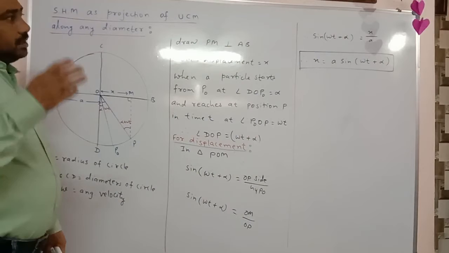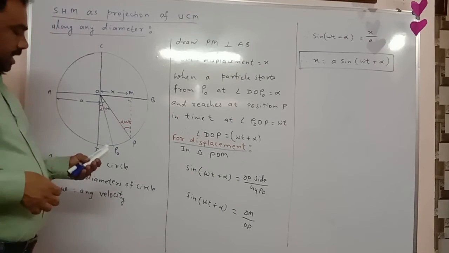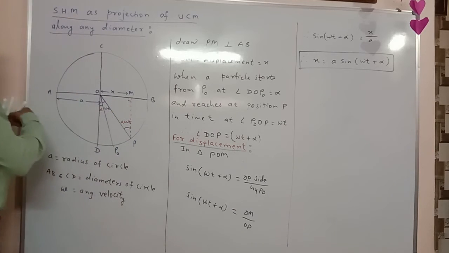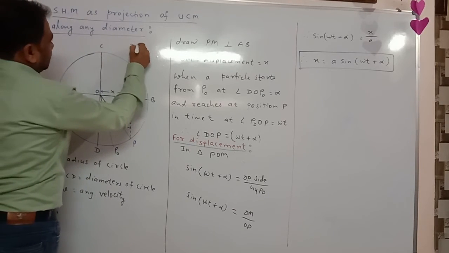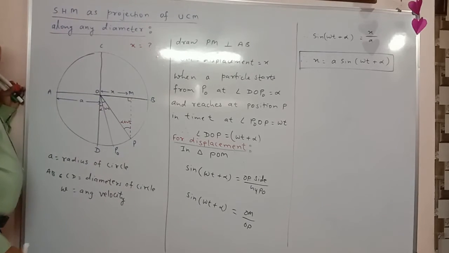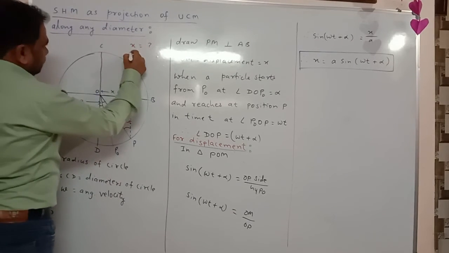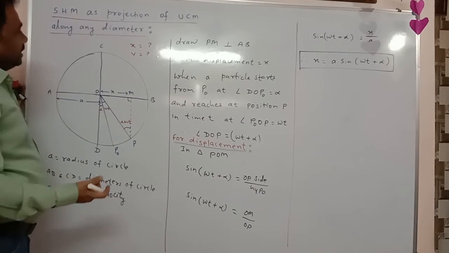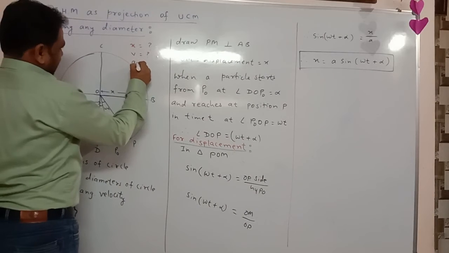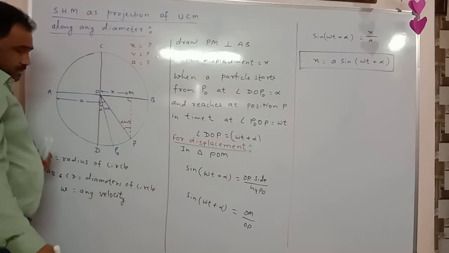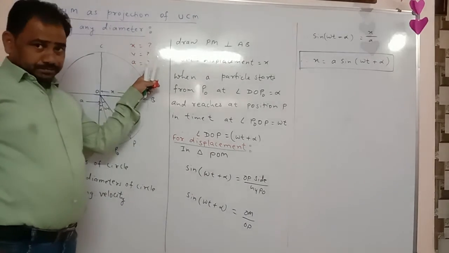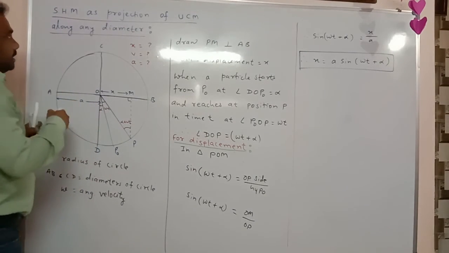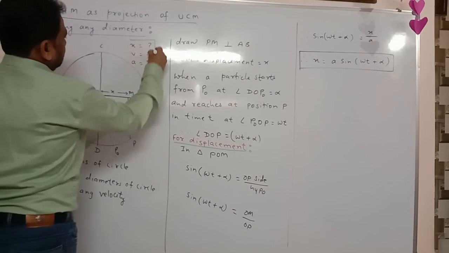Three important parameters are here: we have to find the value of x for displacement, then the value of v, and small a for acceleration, all in the form of equations. You have to find these three parameters in this article.